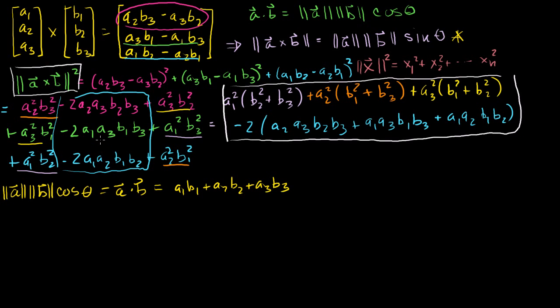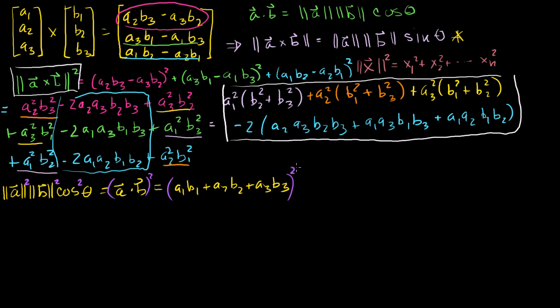Now, just to make sure that I get to do the hairiest problem possible, let's take the square of both sides. So if we square this side, you get a squared, b squared, cosine squared. Then you get a dot b squared, or you get this whole thing squared. So what's this whole thing squared?